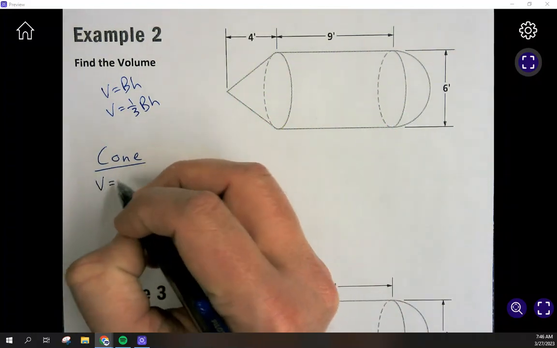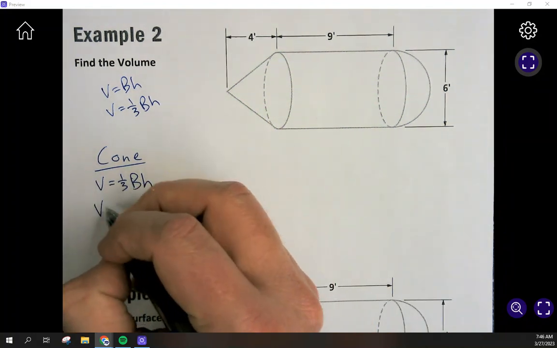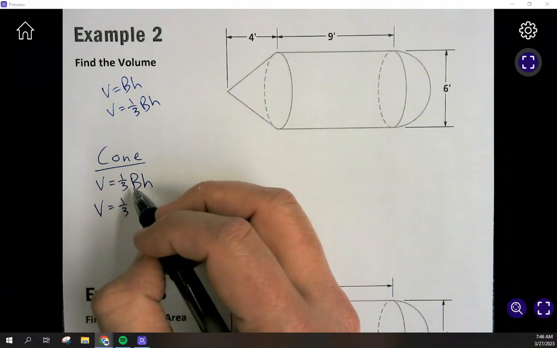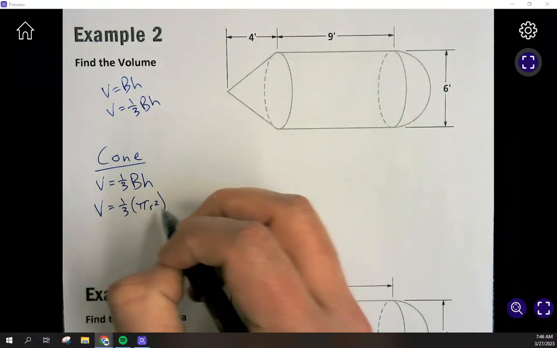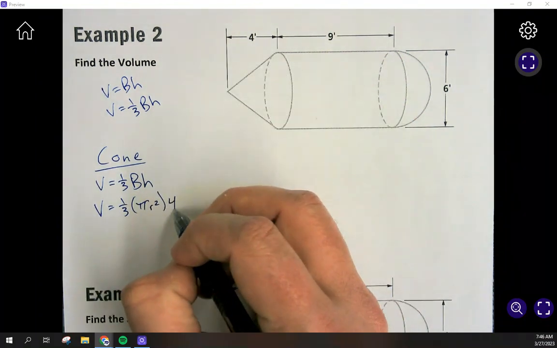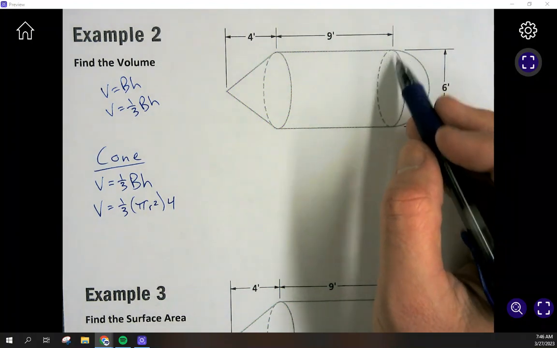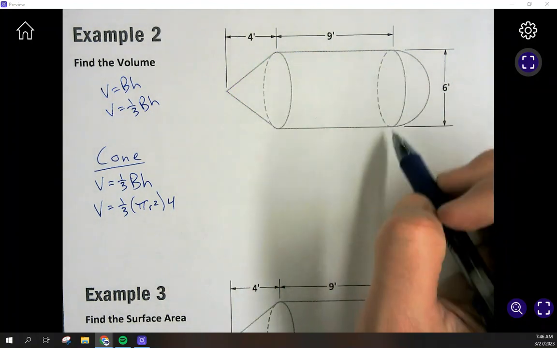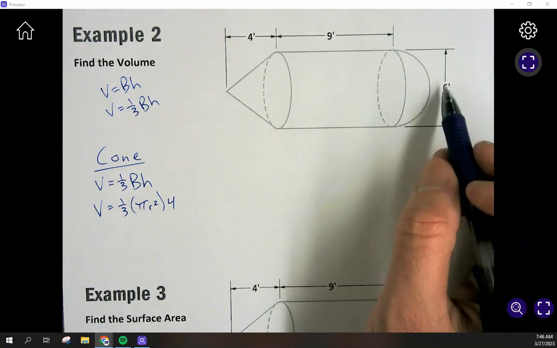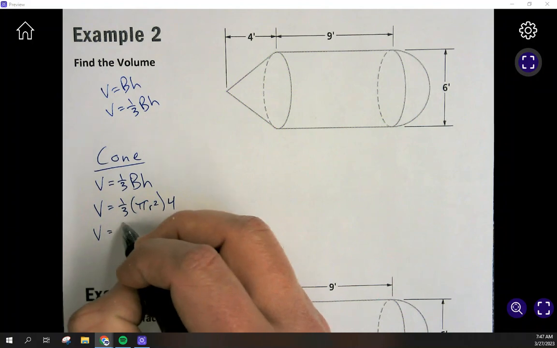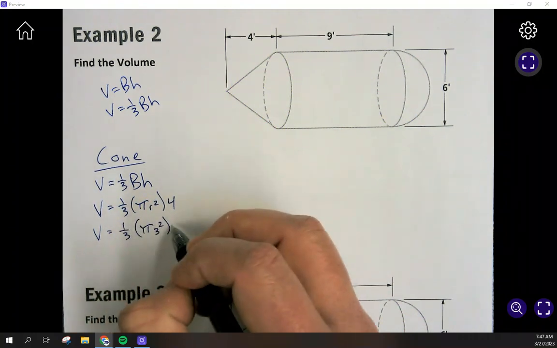So the cone is 1/3 big B times H. Big B represents the area of the base. The base is a circle, so that's pi r squared. And the height of the cone is 4. So you can see the diameter of all of these shapes. All of them are formed with circles as their base, and the sphere as well. The circle is the center of it, obviously. So the diameter is 6, so radius would be 3. So we're going to go ahead and drop in 3 here.